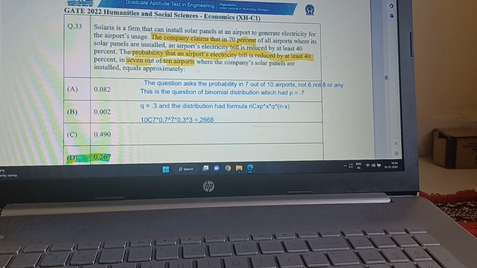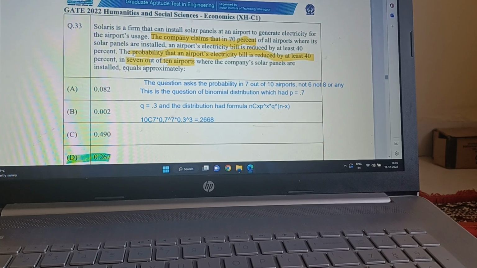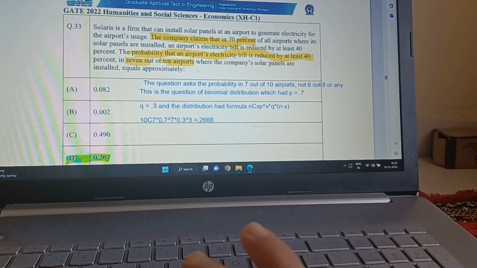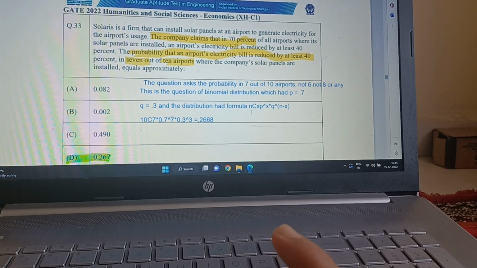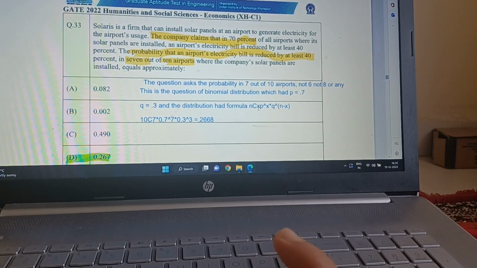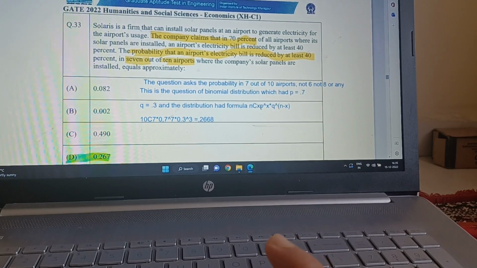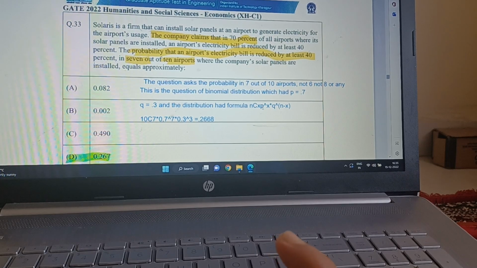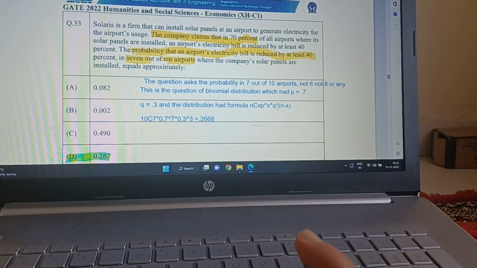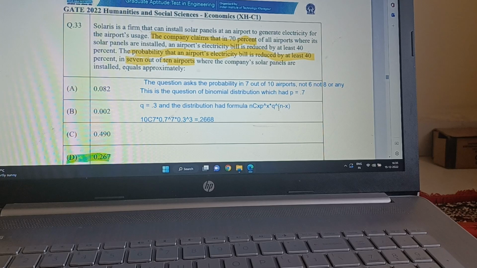It may get reduced by only 30% or 20%, whatever, but not at least 40%. So Q is 0.3, and the formula of the binomial distribution is n choose x times p to the power x times q to the power n minus x. That you might be knowing, this binomial distribution formula.